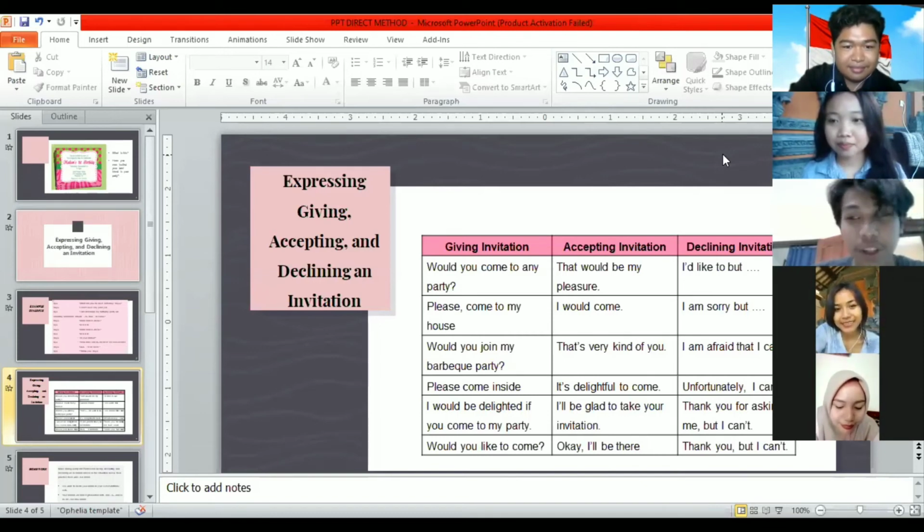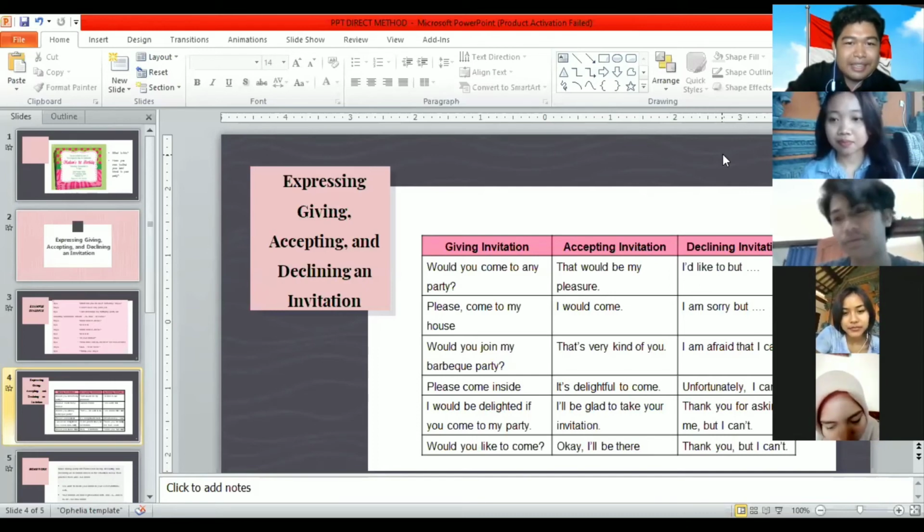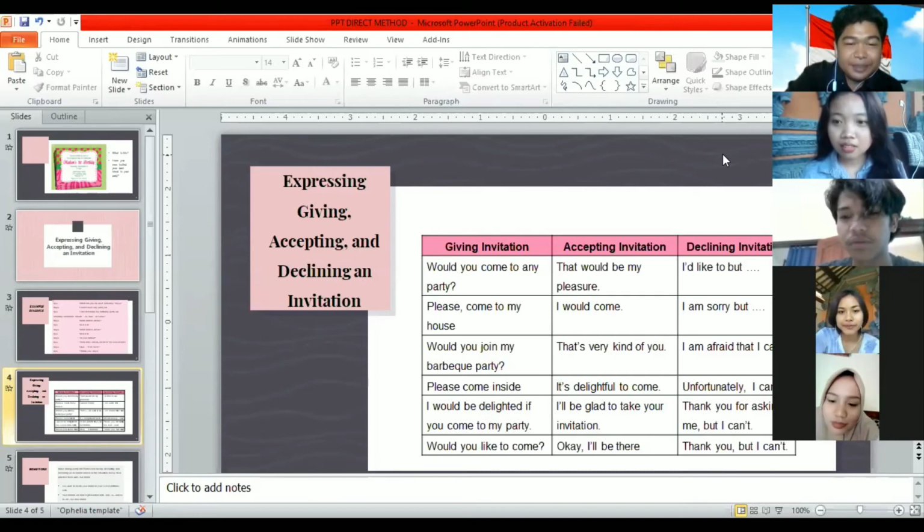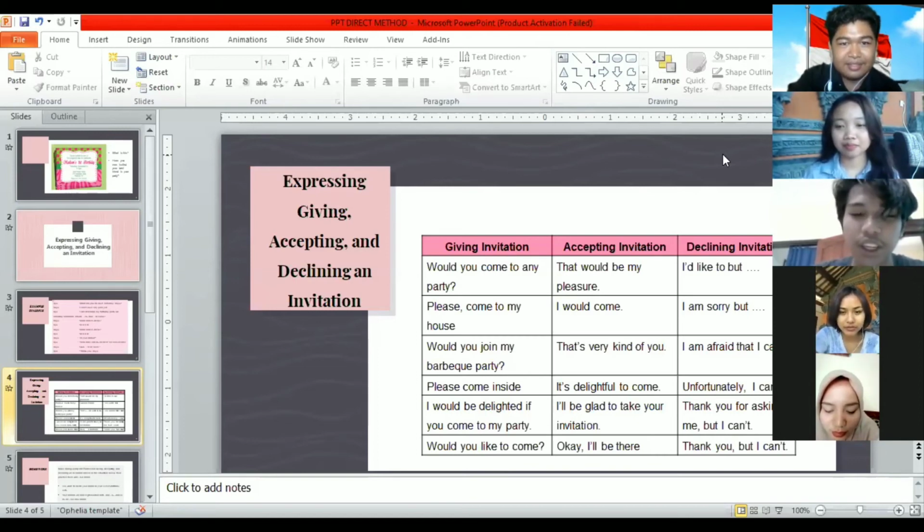How old will he be? 14 years old. 14? It is my mistake, 45 years old, Miss. Sorry, Miss. 45, good. It sounds great. I'm sure that I will be there. Thank you.